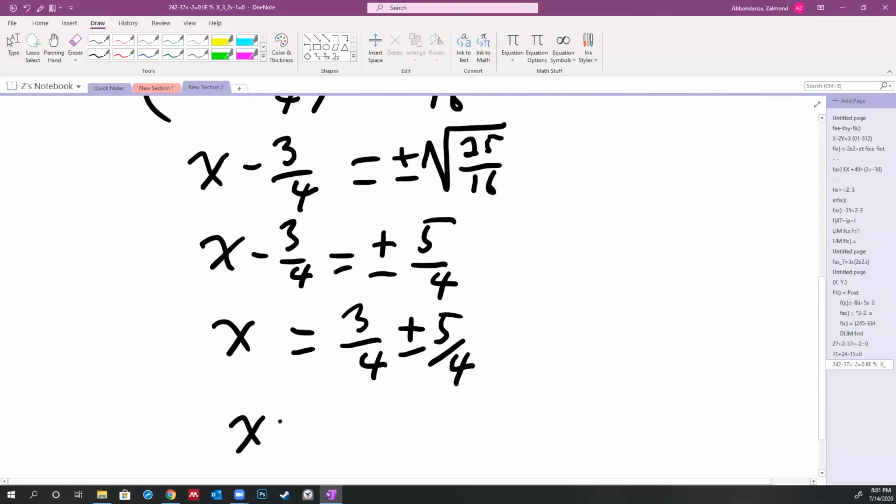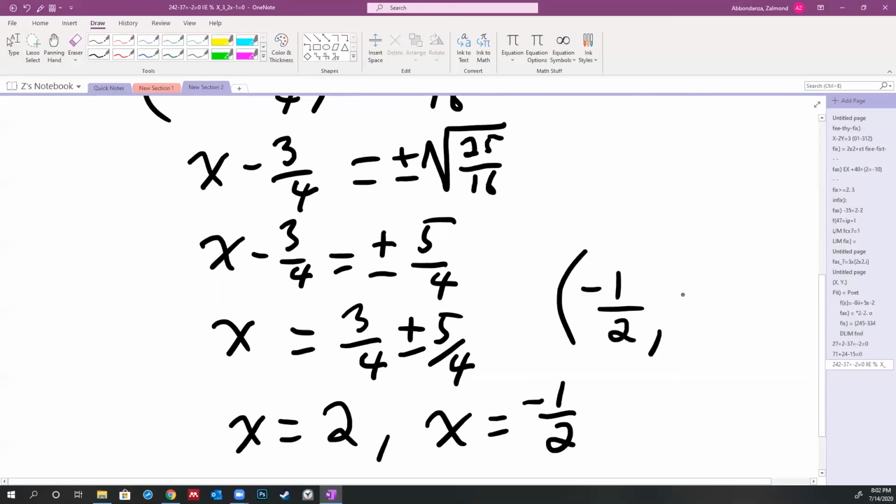And we have x equals 3/4 plus 5/4, which is 8/4, which is 2. Another solution is 3/4 minus 5/4, which would be negative 2/4, or negative 1/2. And that's our solution set, negative 1/2 and 2.